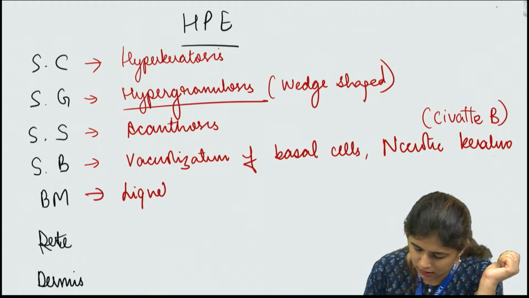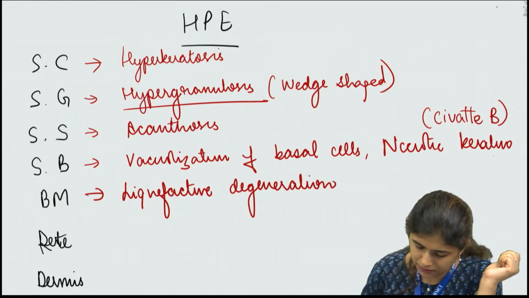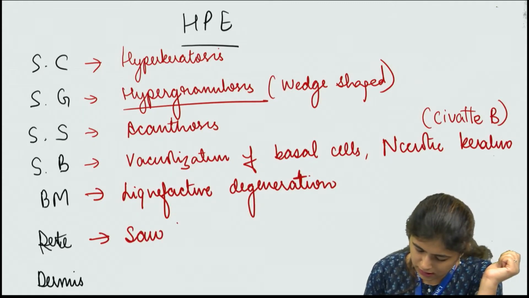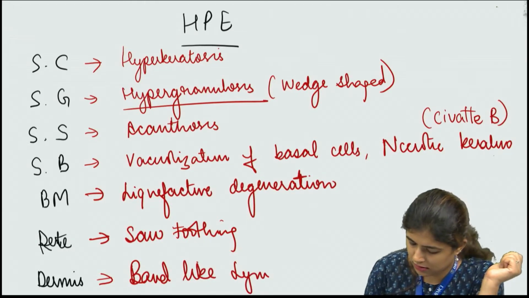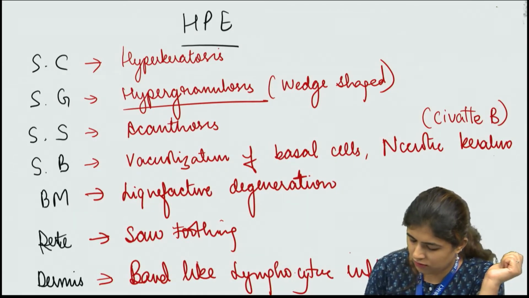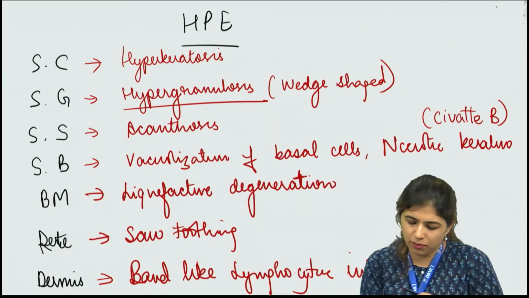The basement membrane undergoes liquefactive degeneration. Rete is sawtooth. Dermis has band-like lymphocytic inflammation. All right, these are the classic features of lichen planus.